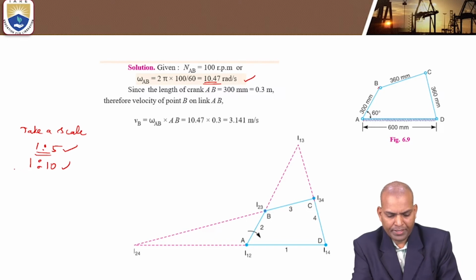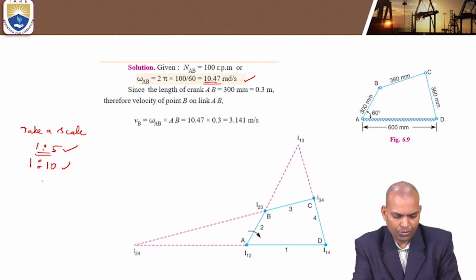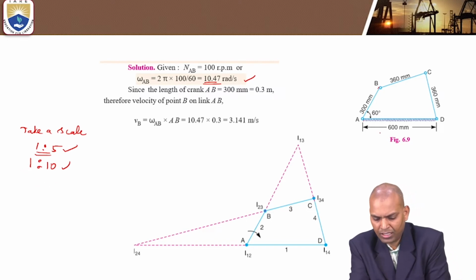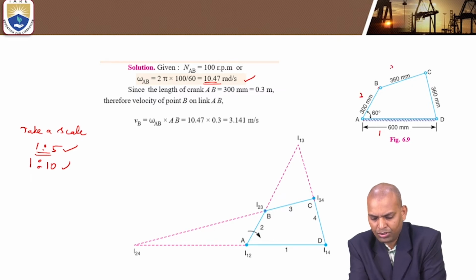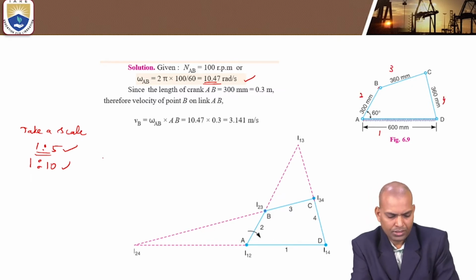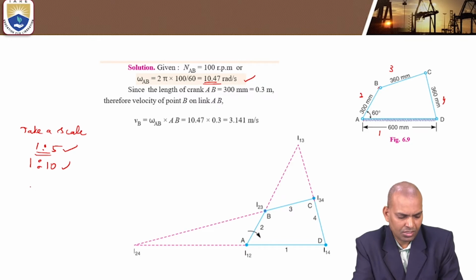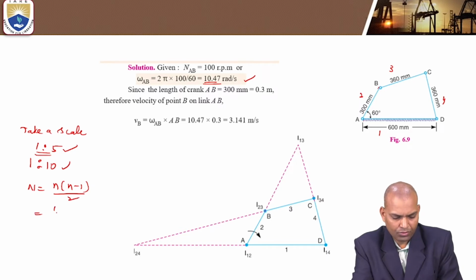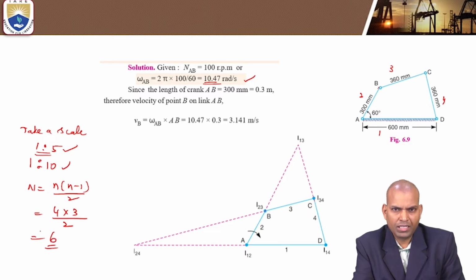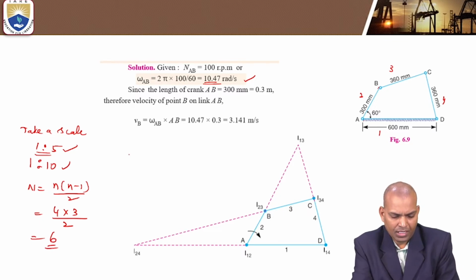After that, how to find all I centers? Here how many links are there? There are 4 links: link 1, 2, 3 and 4. The number of I centers equals N into N minus 1 by 2, where N is 4, N minus 1 is 3, by 2. That is 6 I centers. What are the I centers?